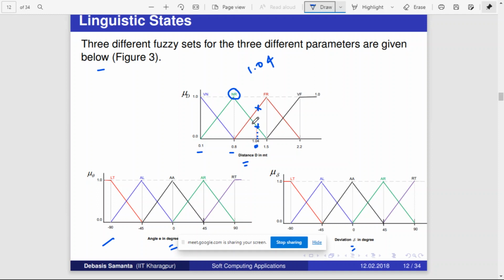So it will have two membership values: a membership value corresponding to near, and also a membership value corresponding to far. This is how we say that if the distance is 1.04, you can consider the object as either near or far, depending on the membership function you consider.